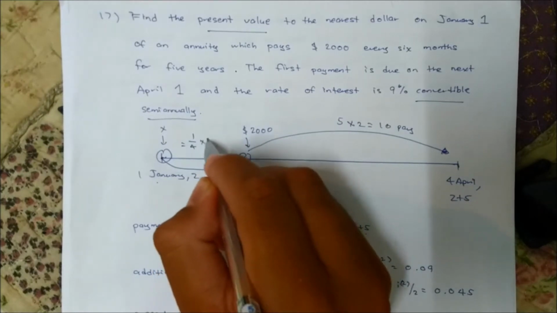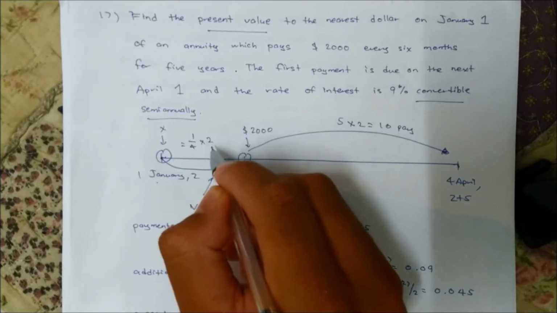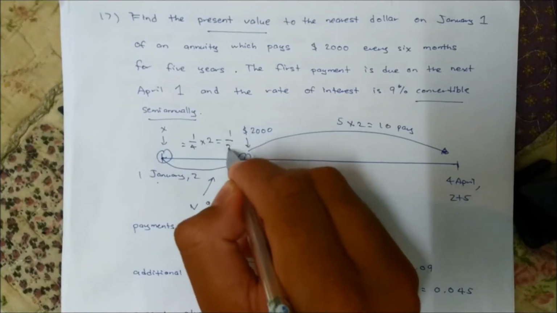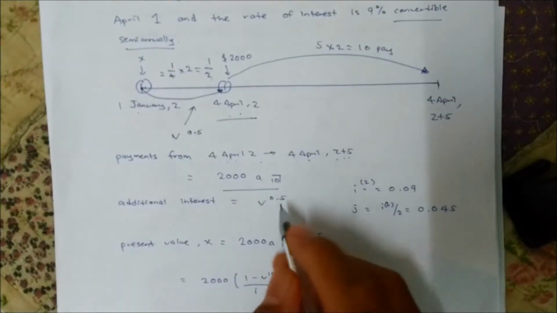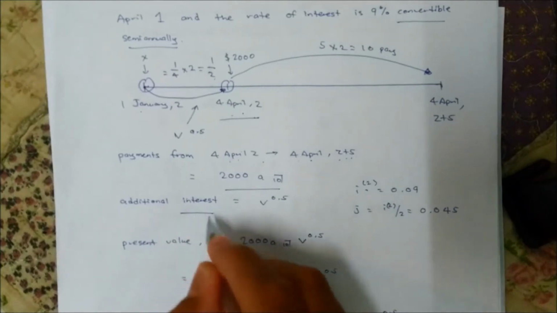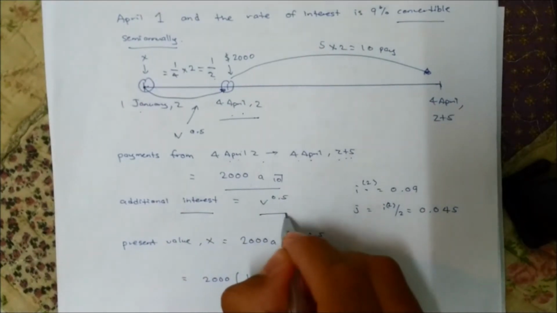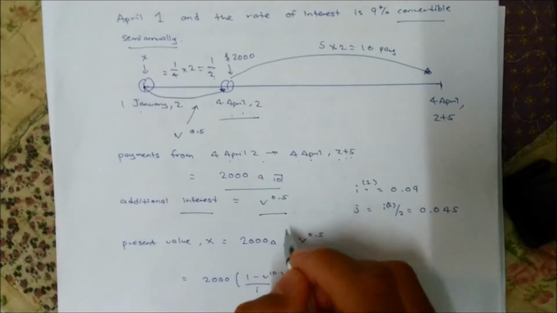So we multiply with the convertible rate, which is 2 semi-annually, thus we will get 1/2 here. So our expression for the additional interest that we need to calculate is going to be V to the power of 1/2, or 0.5.